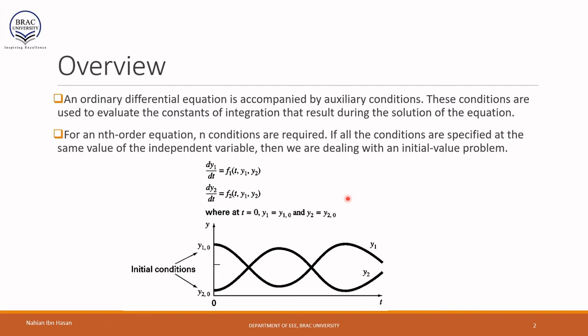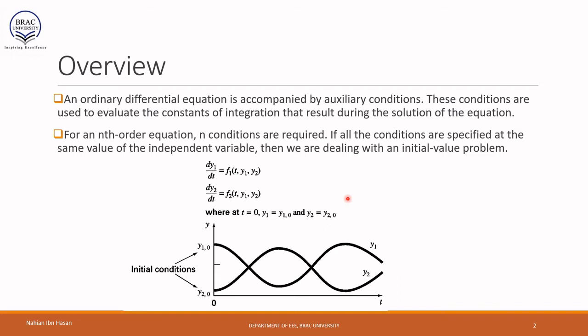The number of conditions that we need for an ordinary differential equation is equal to the order of the differential equation. That means if I have a first order differential equation, then I will need a single condition to solve it.